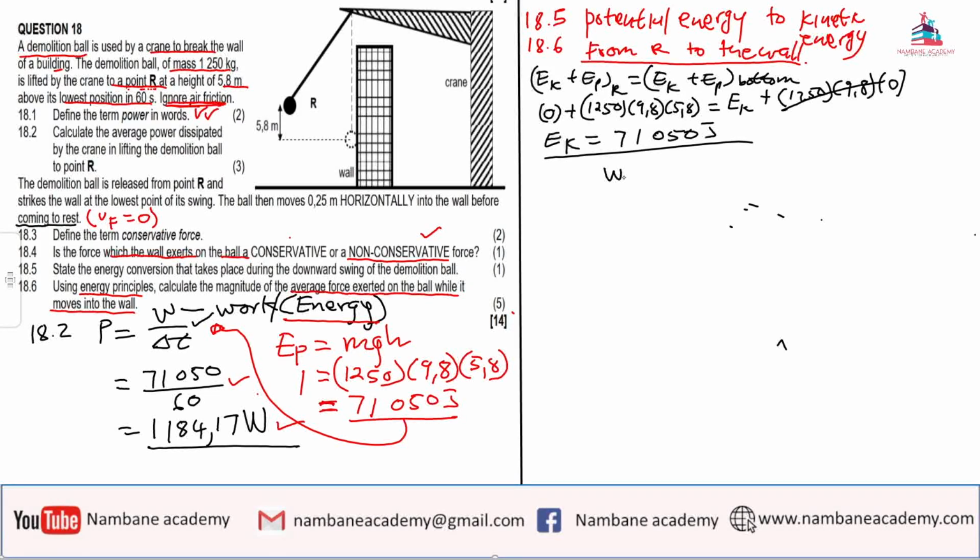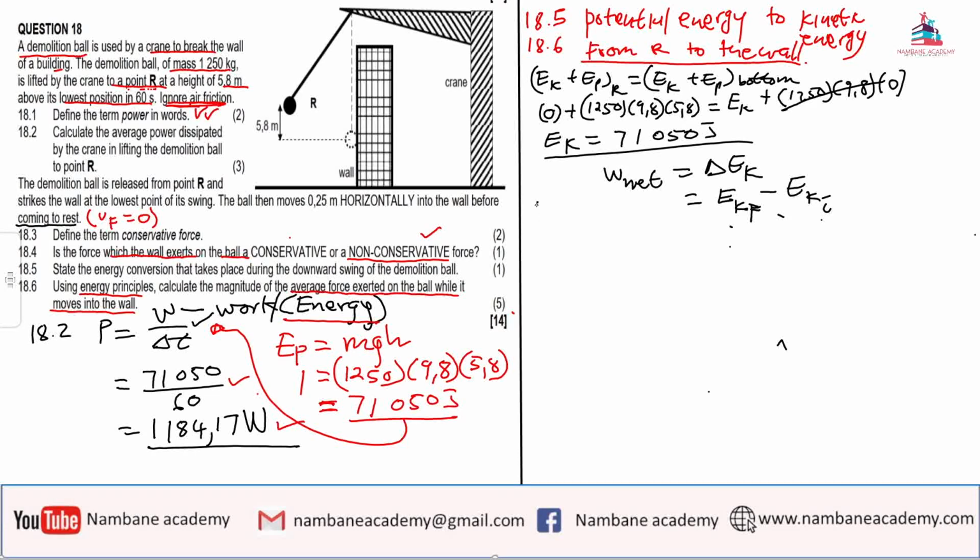But one will ask, why did we calculate that EK? Because I want to get to work net, which is just changing EK. So what is changing EK? It is basically EK final minus EK initial. What is work net? The only force that is acting there will be the force of the wall.